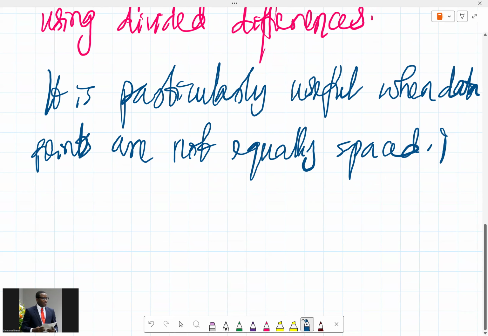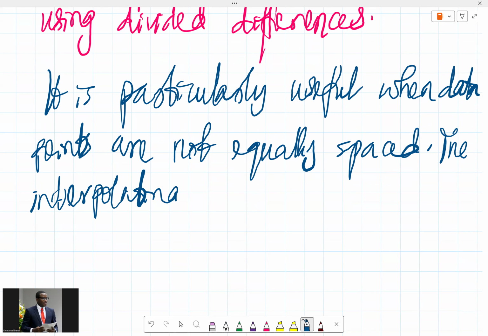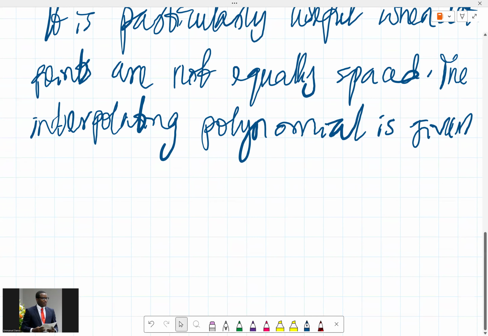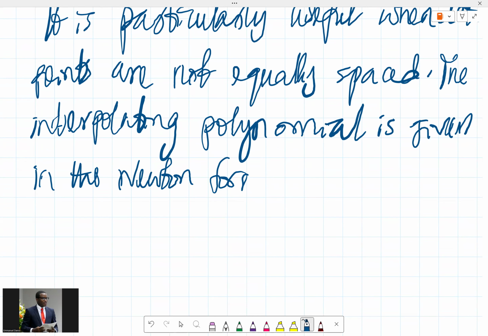The interpolating polynomial is given in the Newton form as what we have here.